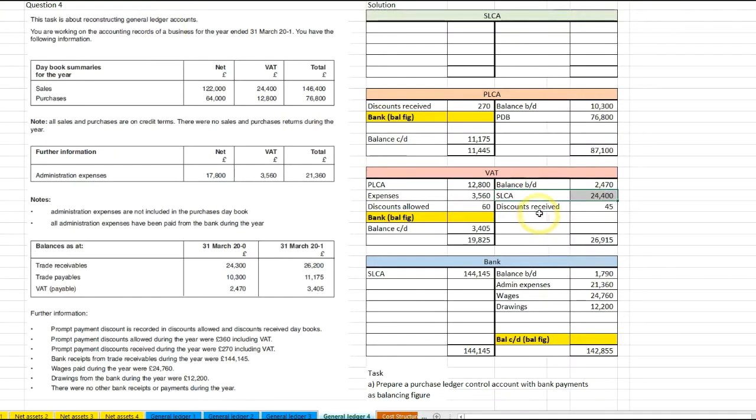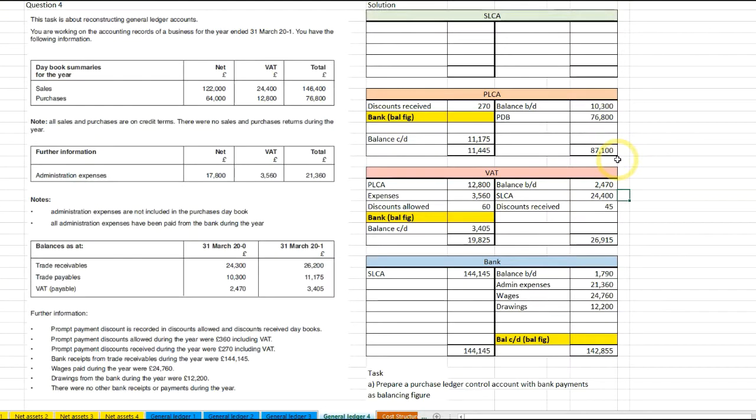Apologies for that, folks. I missed out the VAT figure here, the 24,400 from my sales day book, because of course that VAT amount will affect my VAT account. However, I've caught it just in time.